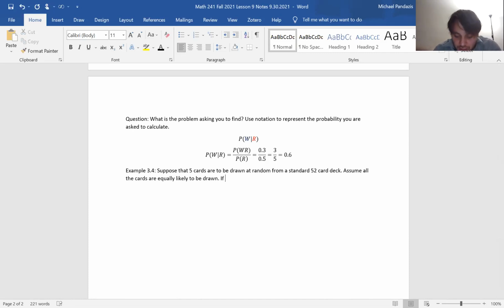If all the cards drawn are red, what is the probability that all of them are hearts?